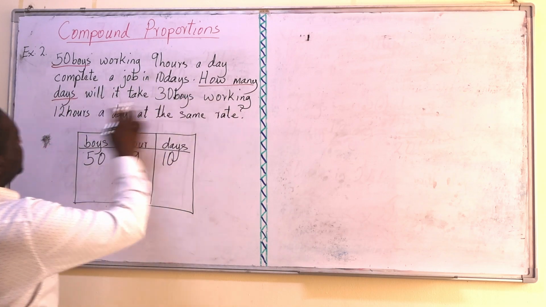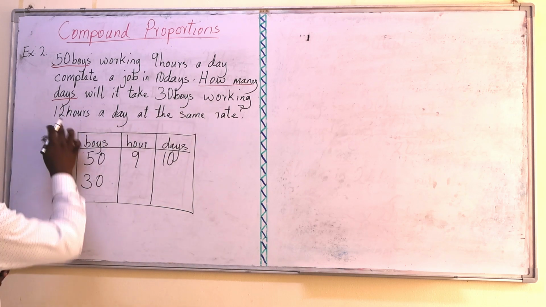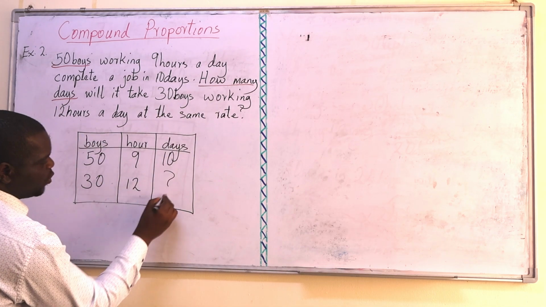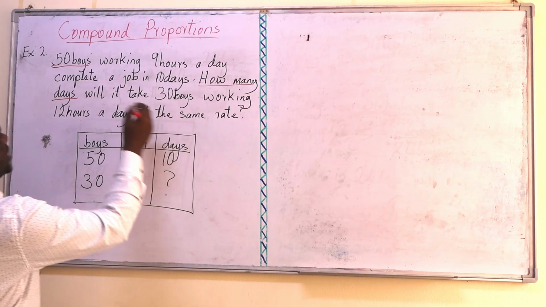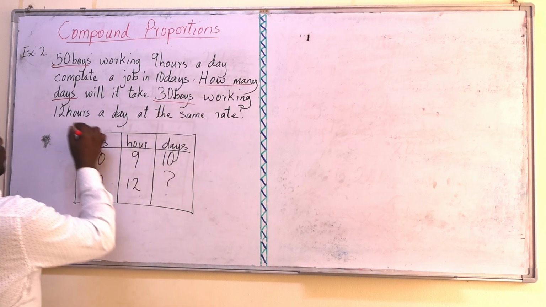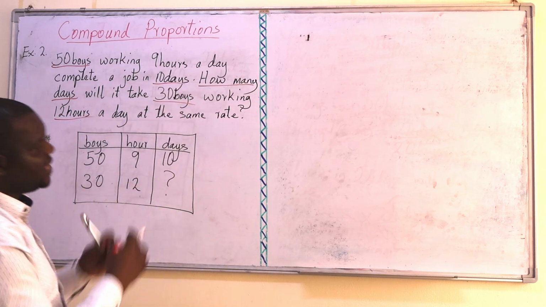We go further, you identify 30 boys working 12 hours, and here is what we are calculating for, the number of days it will take. So in this case, we can go straight into making our statements.